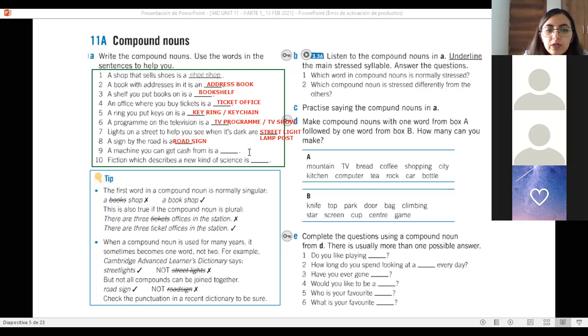A machine where you can get cash from. Cash machine. Thank you, Dianita. It's a cash machine. Or what we know as an ATM.